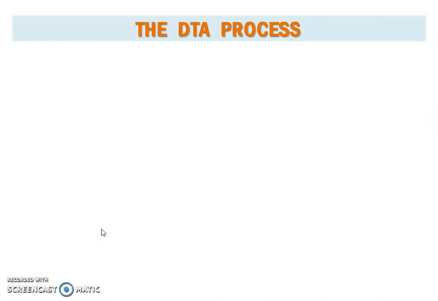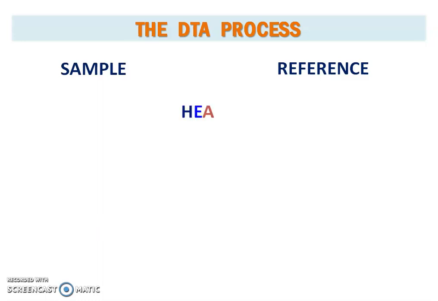As mentioned before, in DTA, we subject the sample and the reference to identical heating treatment, which means we stick the sample and the reference in the same furnace and increase the temperature at a predetermined rate. Next, we measure the sample and reference temperature using thermocouples. This will give us a value of TS and TR. So right now, say I've heated my furnace up to 500 degrees.